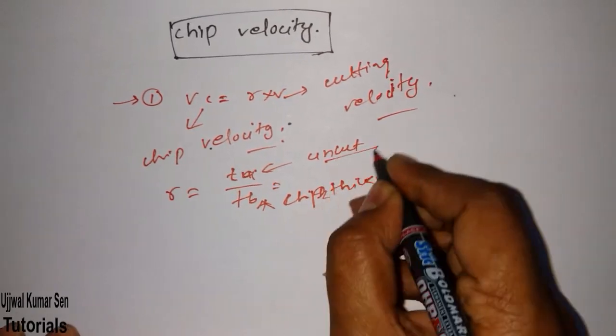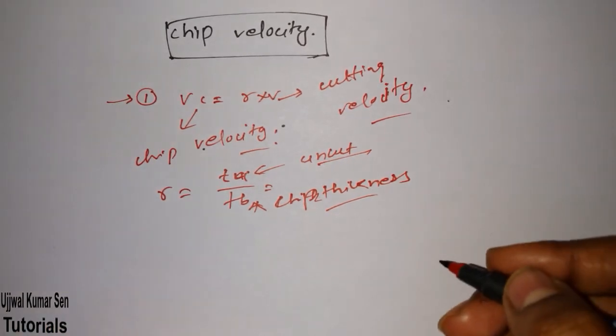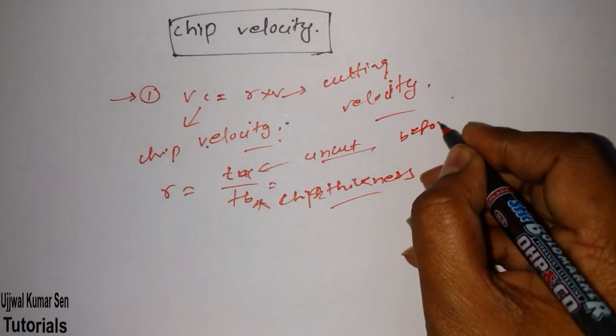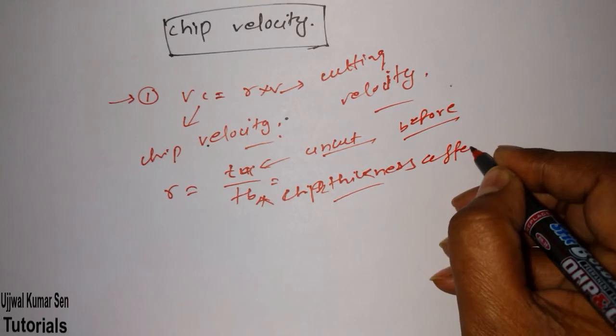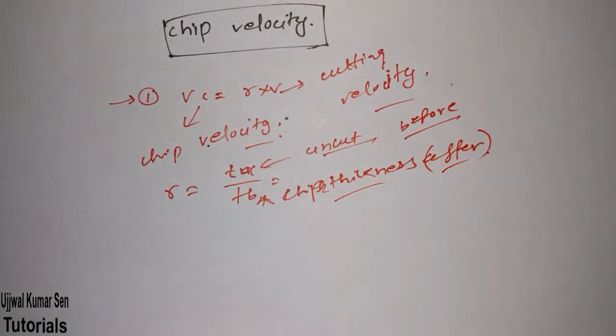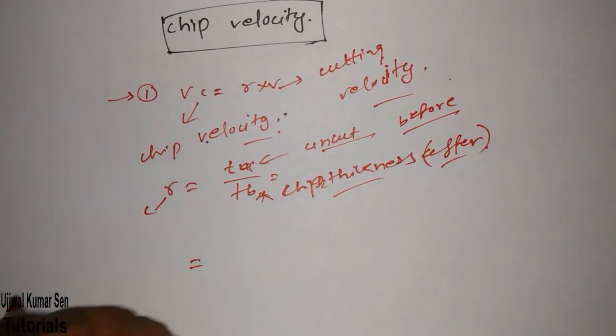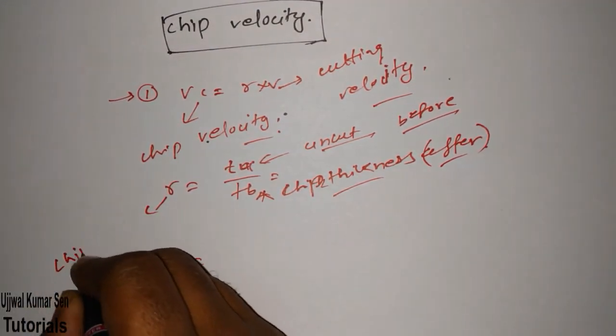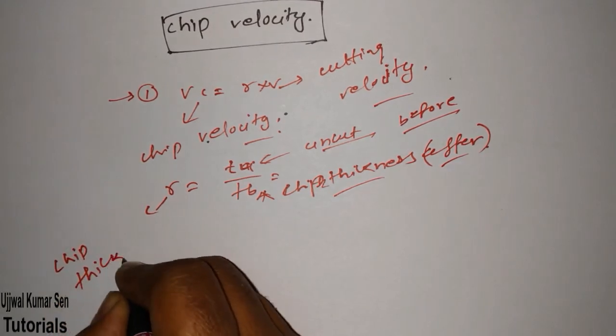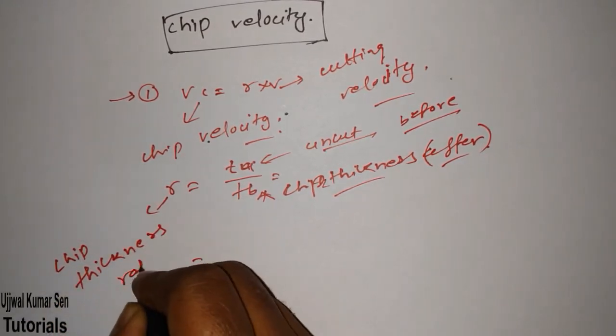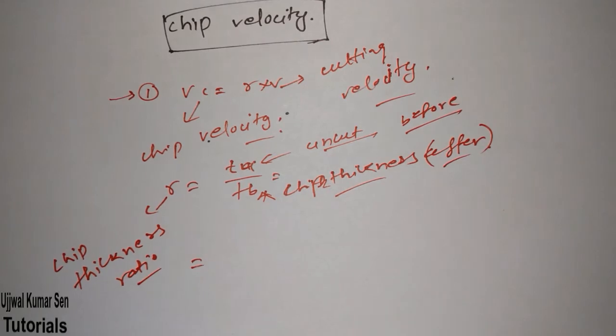If you want to remember it the right way, then t a is before cutting and t c is after cutting. That's it. Now there is one other relation to find this ratio, which is known as chip thickness ratio. Because this is a ratio, r does not have any unit.